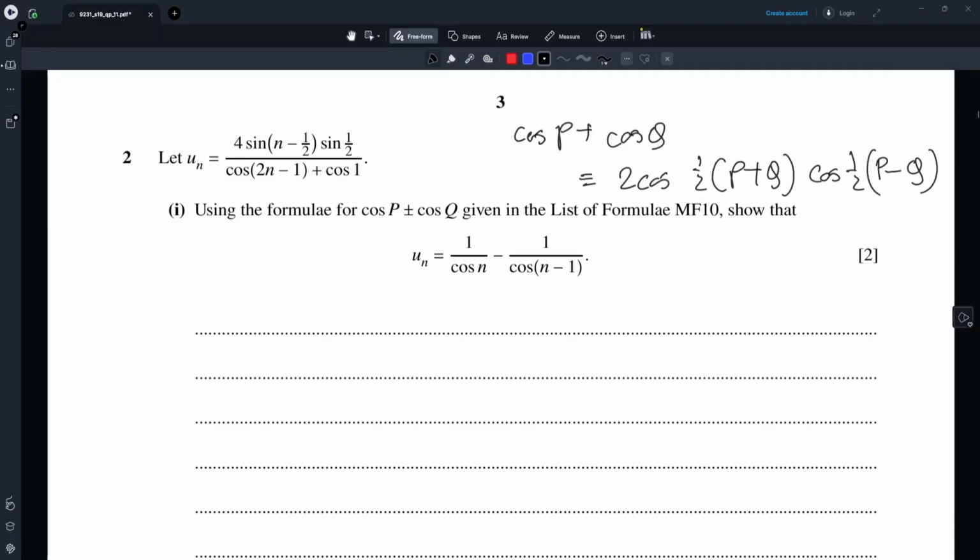I'm just going to show you the formula here. So this is the formula if I want to use it with these two.